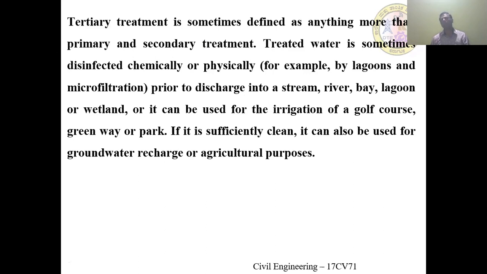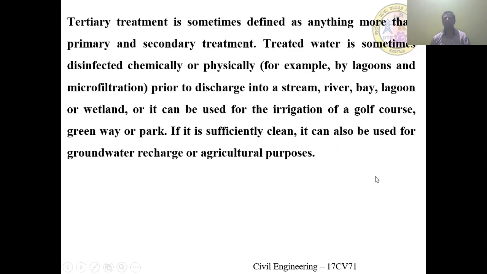Then how we can treat that wastewater: primary, secondary, and tertiary processes. Then the water can be reused or recycled, as in a garden, or, if good enough, it can go for groundwater recharge.